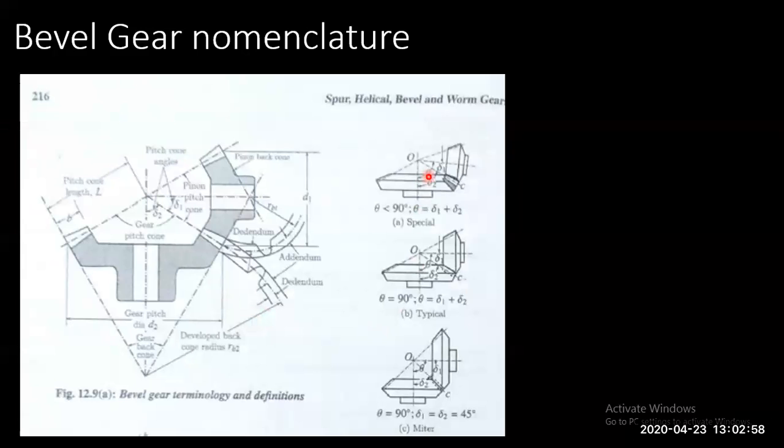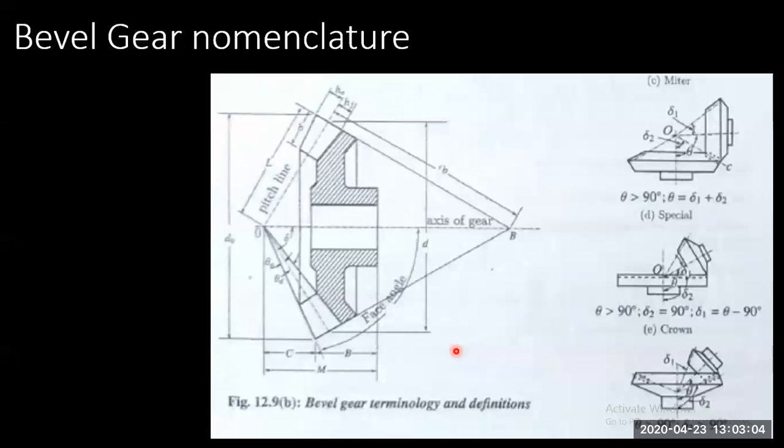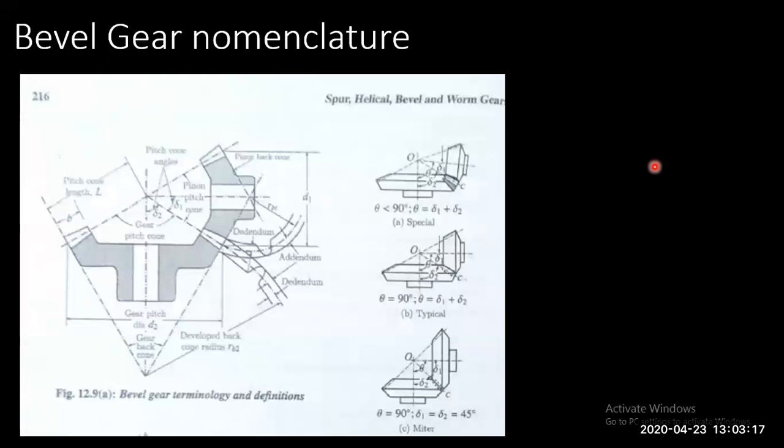So you can see here theta value for less than 90, greater than or equal to 90, greater than 90. There are different formulae. Don't get confused with those formulae. Just as I got confused, you may also get confused at some point. So be careful while choosing the particular formula.